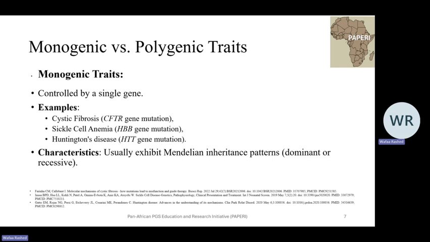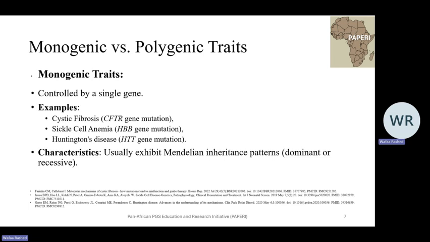The second example is sickle cell anemia. It's caused by a mutation in the HBB gene responsible for producing the beta subunit of hemoglobin. It's inherited from one or both parents. The normal gene is called the hemoglobin A gene.